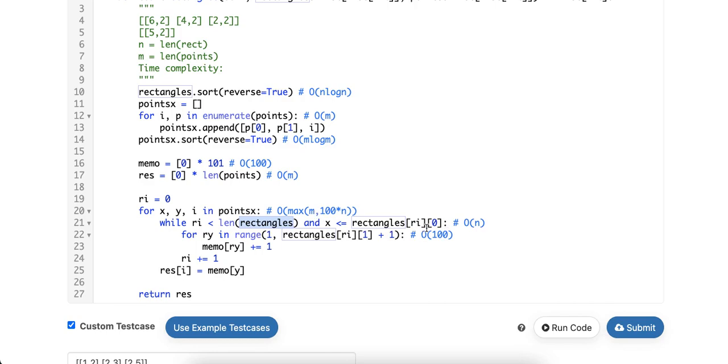But once it fulfills this condition, that's it. We don't need to do anything anymore. So this one will only run 100 times if it only has one rectangle. Worst case, only going to run 100 times. While this one will go 1000 times when we have 1000 points.